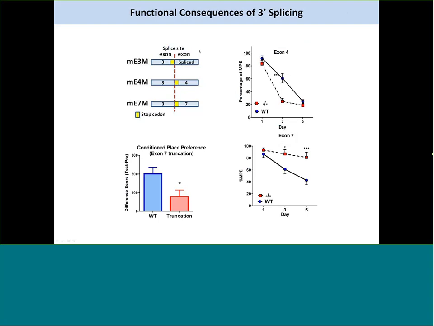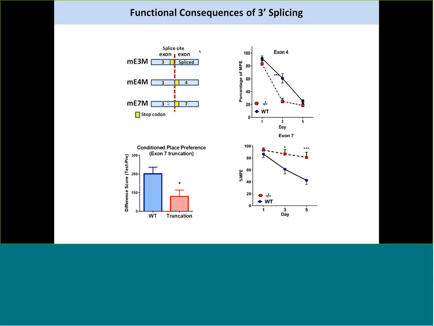What we did here was we inserted a stop codon at the very beginning of exon 4 or at the very beginning of exon 7. What this does is it stops translation, but does not stop the actual expression of the receptor. So the receptor is still being made, but for exon 4, you just lose those 12 amino acids at the C-terminus.